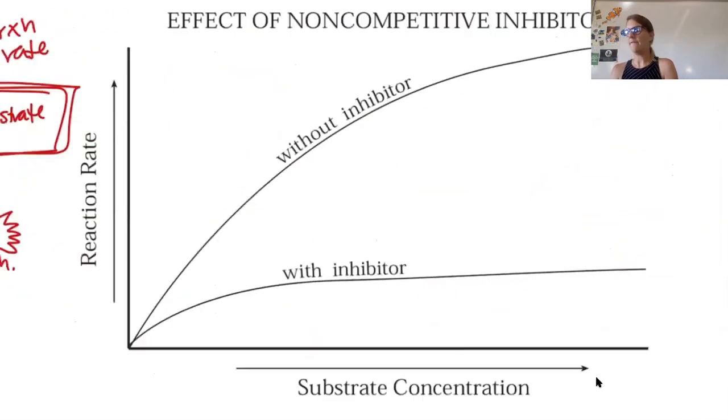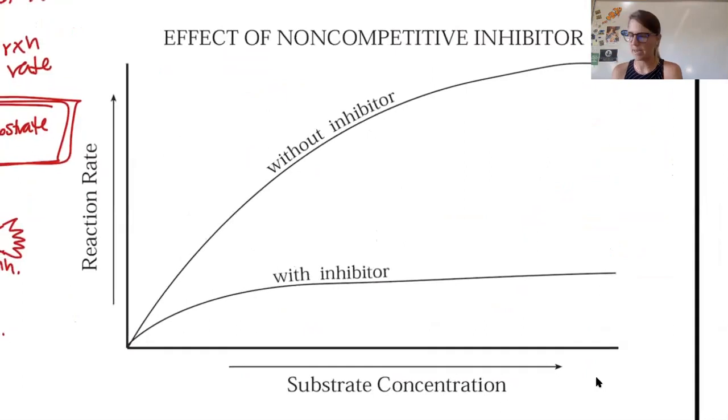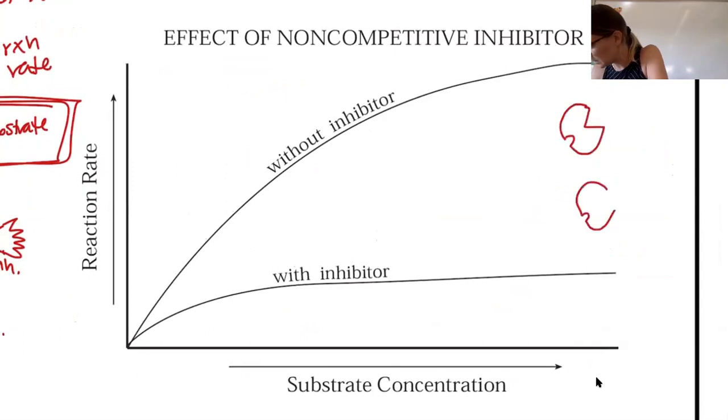Here we have effects of a non-competitive inhibitor. All right. So remember, I'll just draw my little drawing again. Here the blue dot is the non-competitive inhibitor.